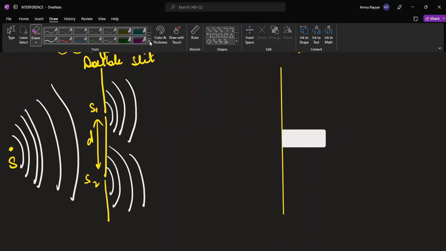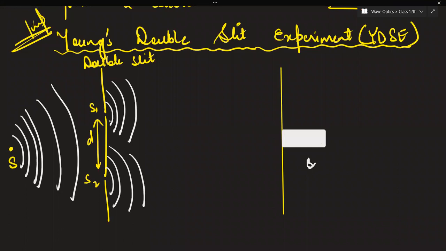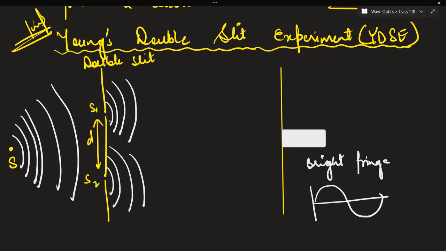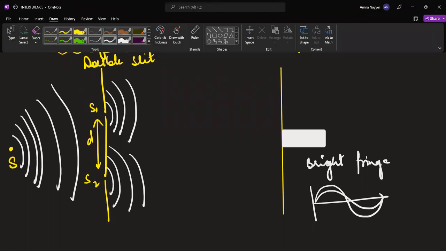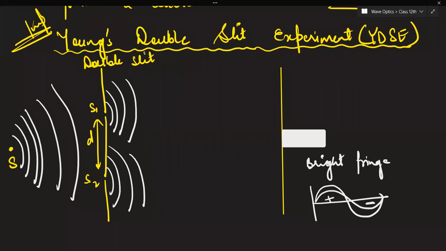This is known as a bright fringe. Why is this happening? Because here, both the waves have the same phase, so they are getting superimposed and a very bright fringe is formed. It means both the crests are together, and here, both the troughs are together.